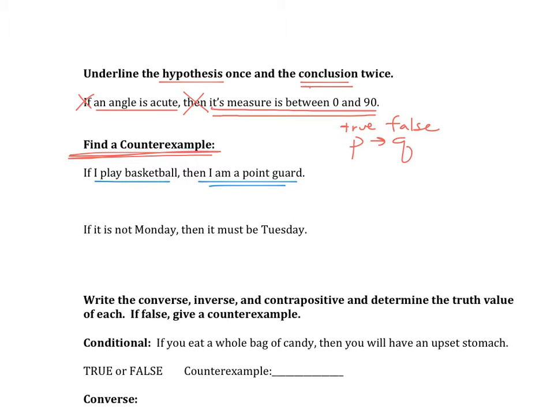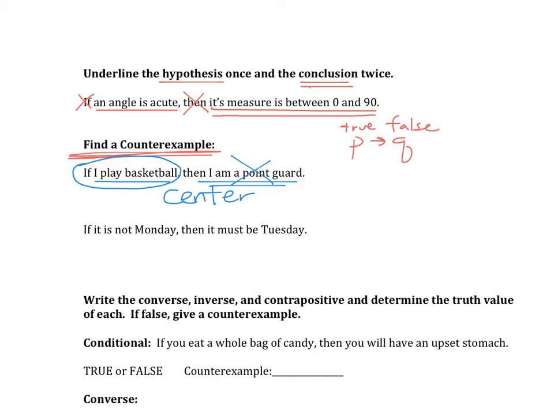So we are looking for a basketball player that is not a point guard. So you have some options. You could say a center, right? That's the big guy down at the bottom. Or you could say a forward, or you could say a bench player, like someone who sits the bench. But that would be a counterexample. A counterexample is just going to be a one-word answer, or maybe a couple words, depending on what the scenario is.